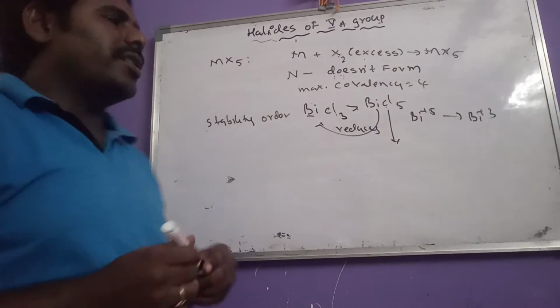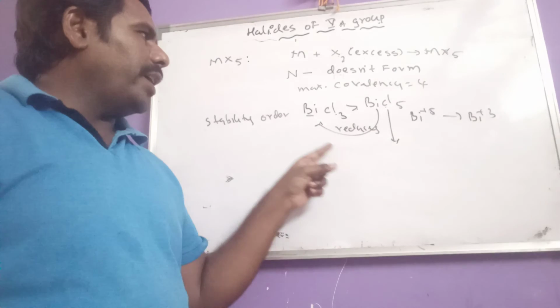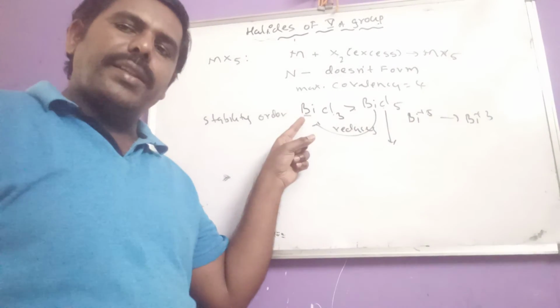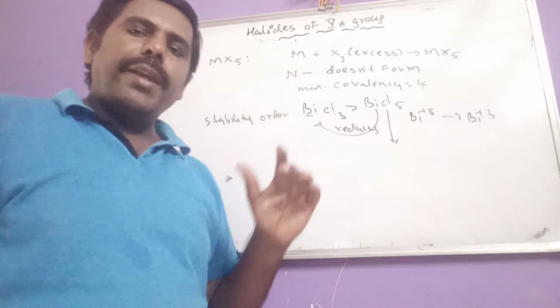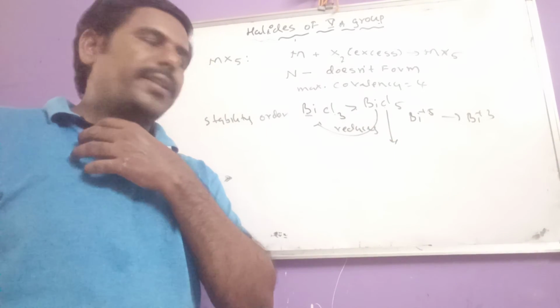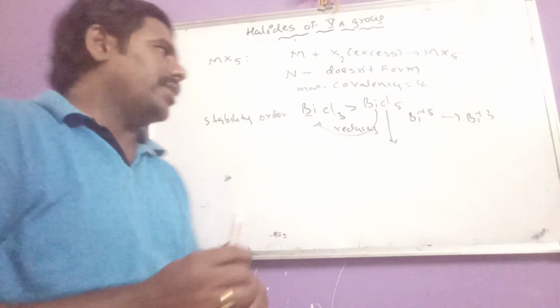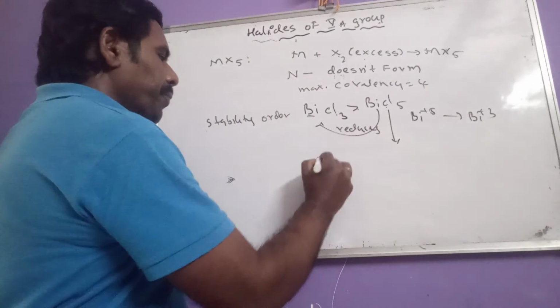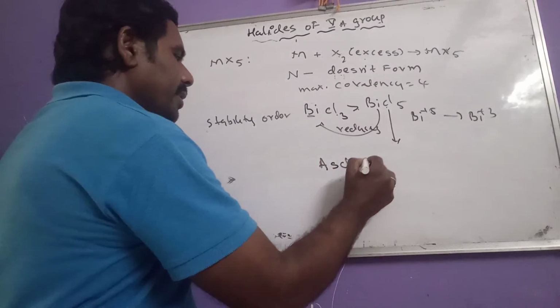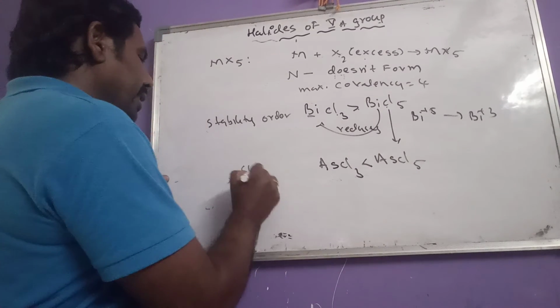A decrease in oxidation number is known as reduction. So BiCl5 undergoing reduction to BiCl3 means BiCl5 acts as an oxidizing agent. BiCl5 acts as an oxidizing agent. And if you come to arsenic, AsCl3 is less stable than AsCl5.